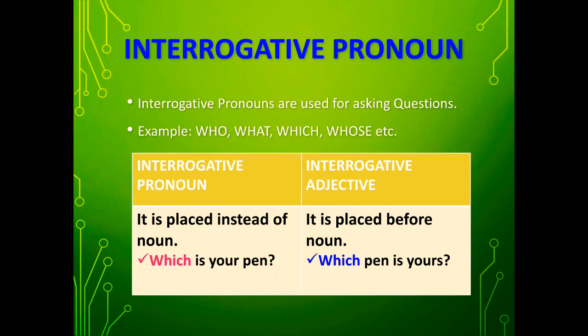Here you can see the word which is placed instead of noun, so it is interrogative pronoun. But if we say which pen is yours, here the word pen is a noun and the word which is placed before the noun, so it is interrogative adjective.